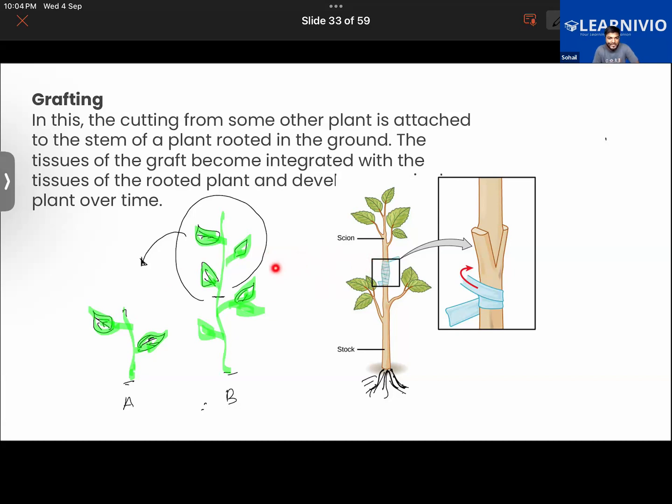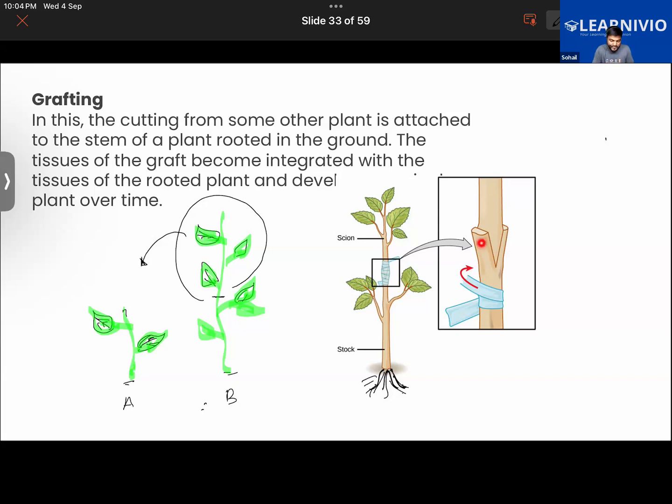We have joined the upper part of plant B to the lower part of plant A. Getting my point? It's kind of simple now. So here, plants of two varieties of the same crop are combined to form a new variety.